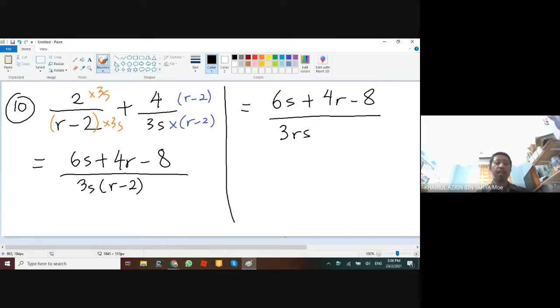P, Q, R, S. So I write rs. Minus, if you don't understand, this one 3s times r, 3s times 2. So 3s times 2 is 6s. Okay, so this is the final answer. Answer for question 10 is 6s plus 4r minus 8 divided by 3rs minus 6s.